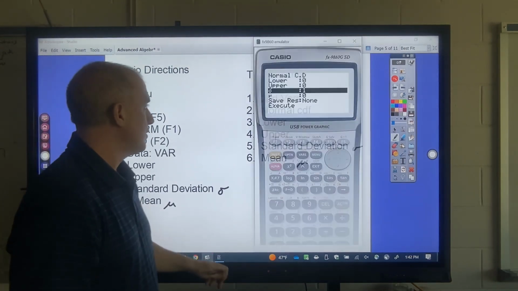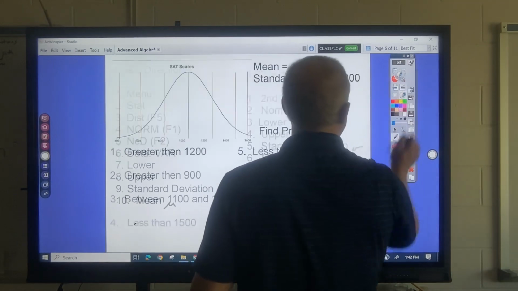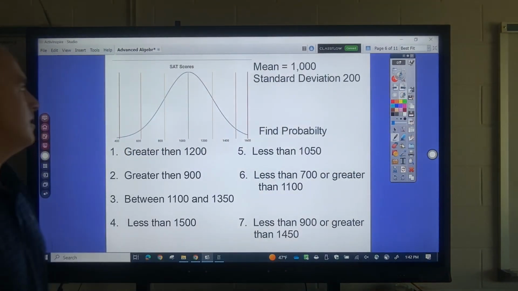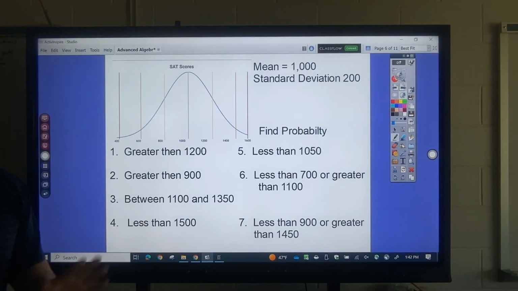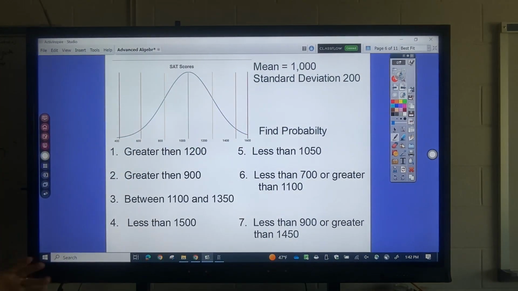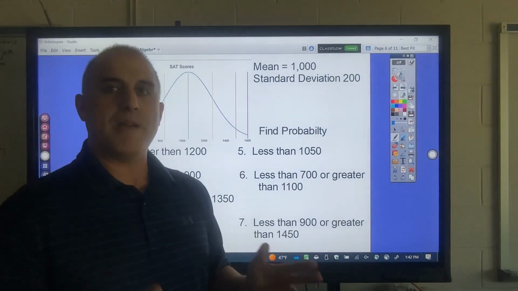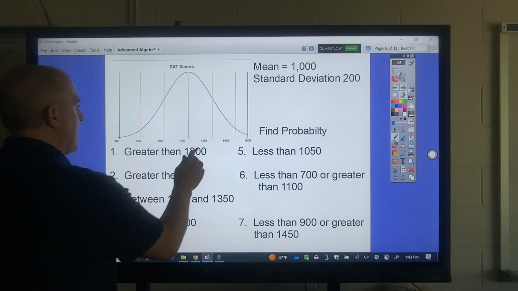So let's talk about some examples. Let's say we were looking at SAT scores. What the normal distribution says is it helps you figure out the probability that a certain amount will fall within that z-score. So greater than 1200, what does that mean?